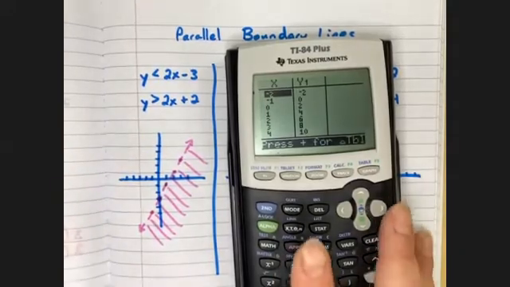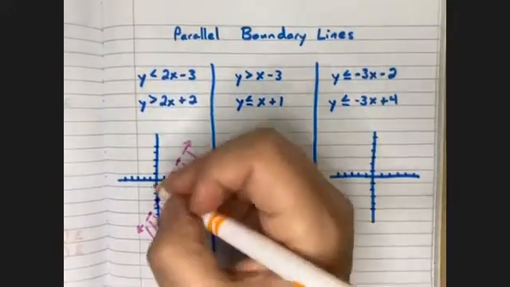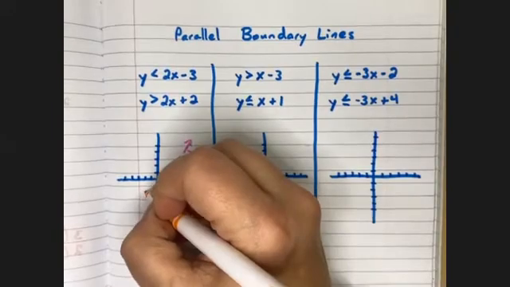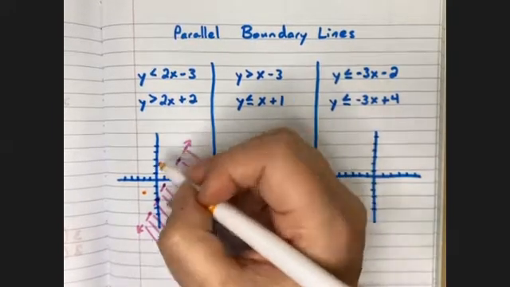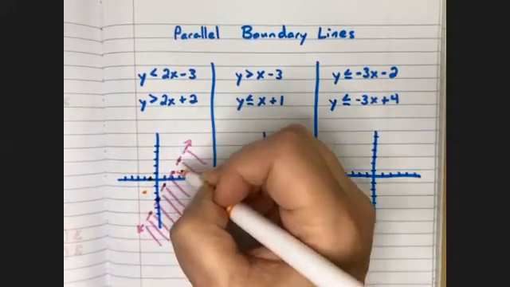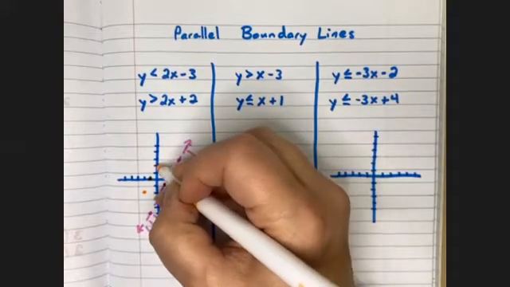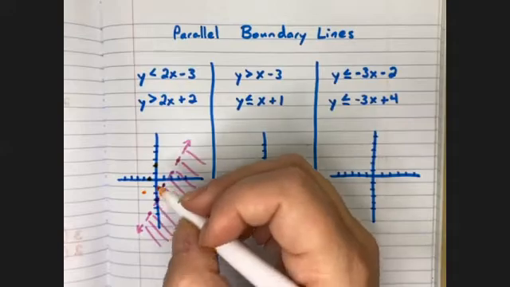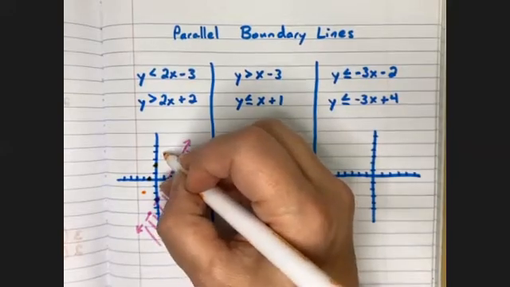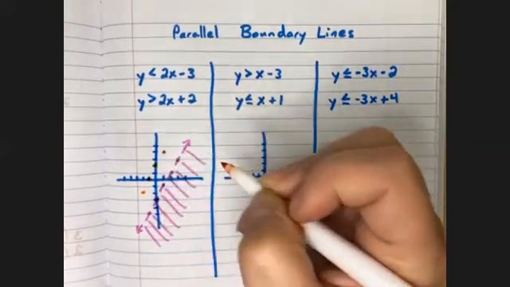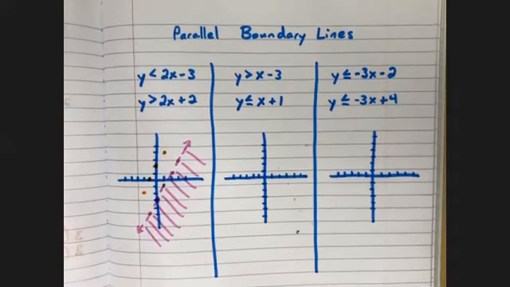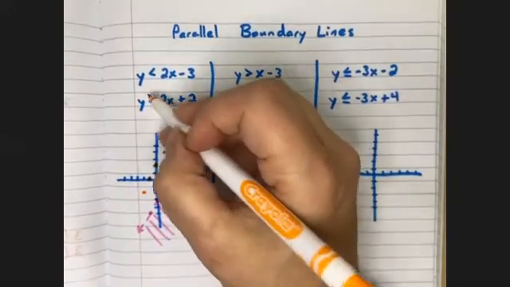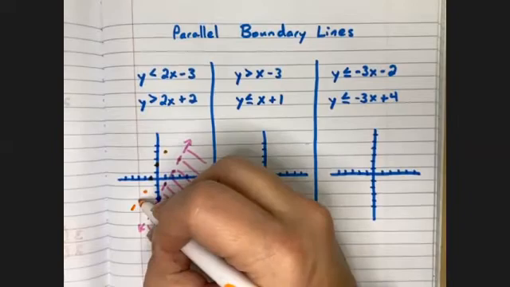So I have -2, -2, -2 is about there. -1, 0, 0, 2, 1, 4. All right. Once again, solid line or dashed. So it's just a greater than, so it's going to be a dashed line.